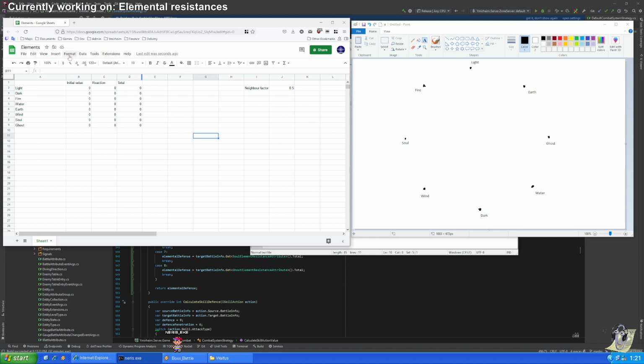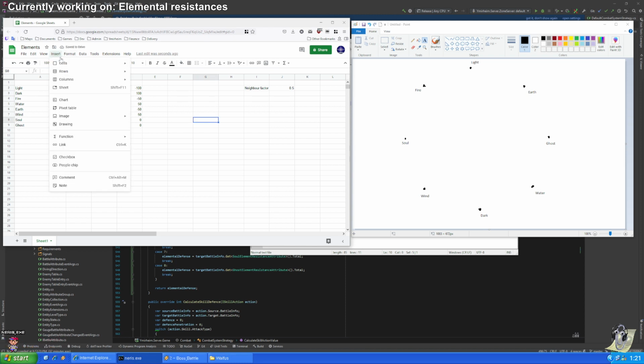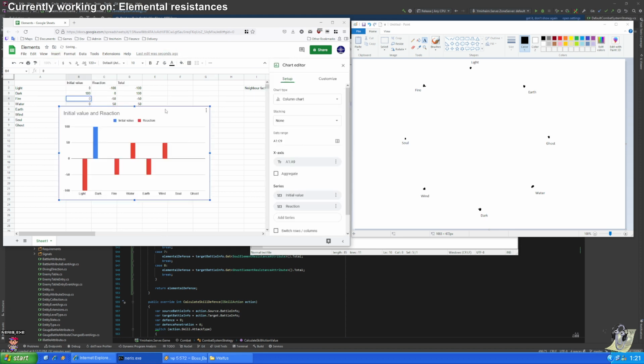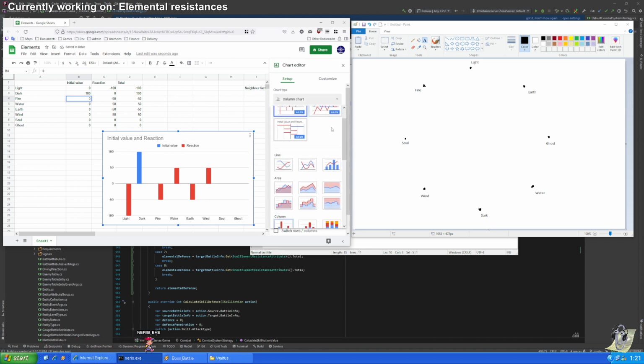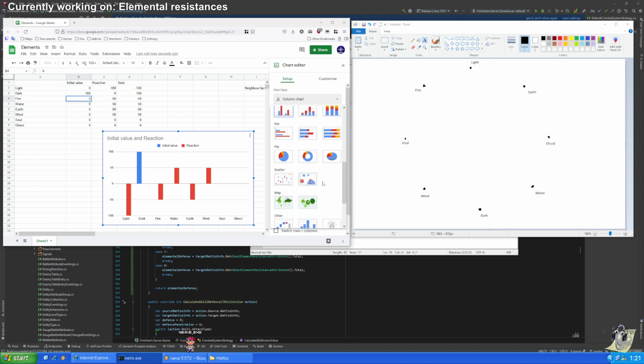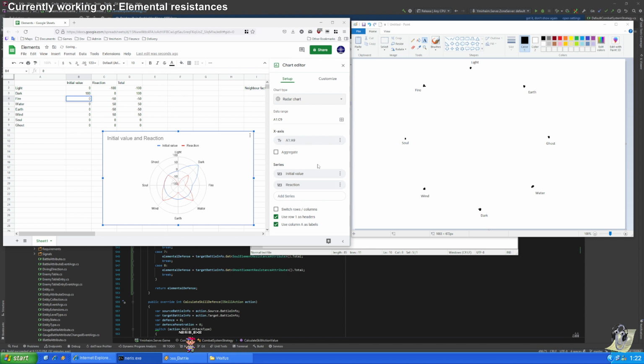Now, can I create a graph based on that? So, what do we have here? Do we have something, fixed circle here? Radar chart. Now I need to reorganize this somehow.